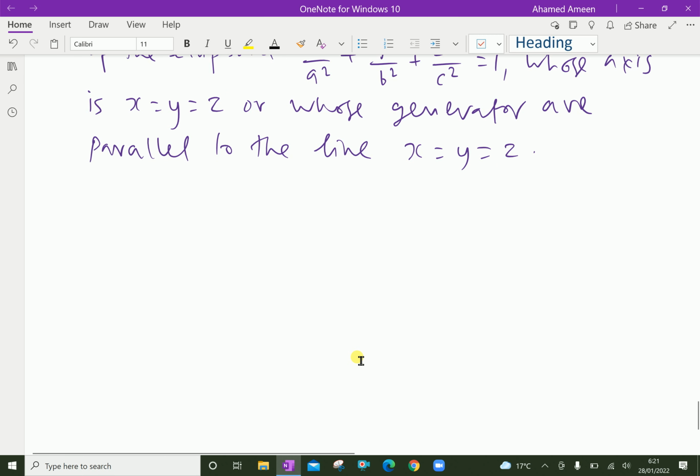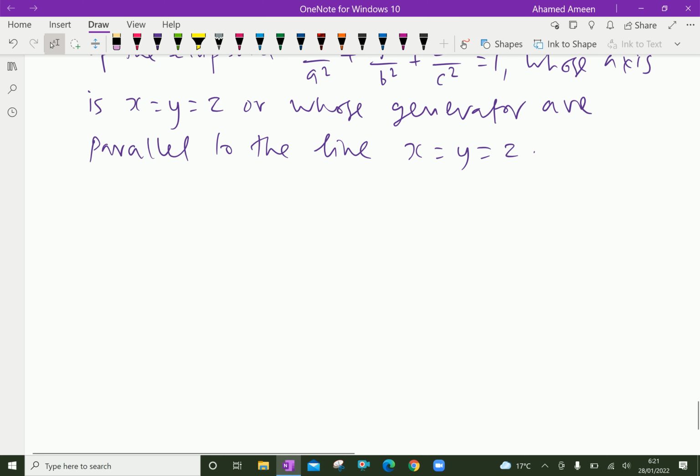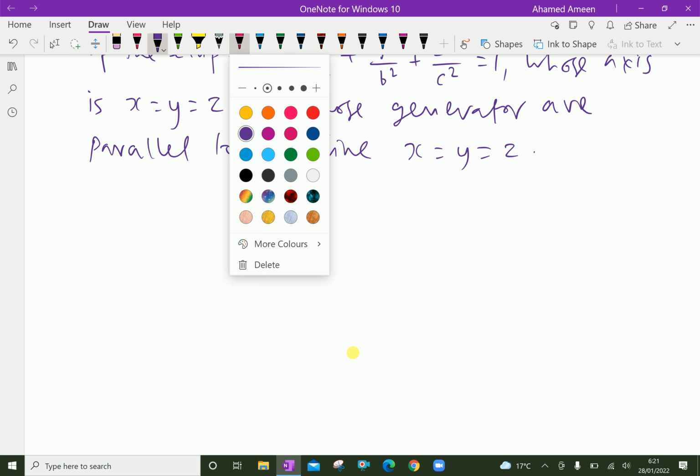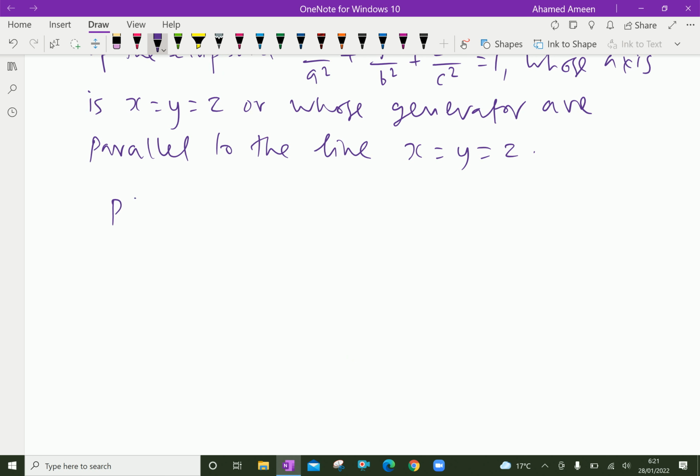Let the point P of alpha, beta, gamma be any point on the enveloping cylinder.